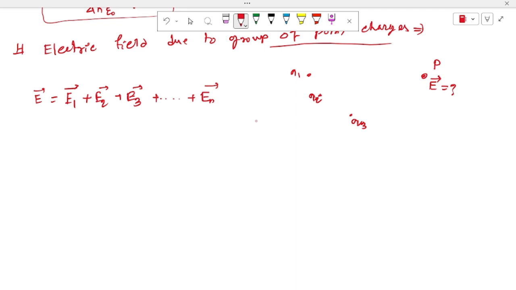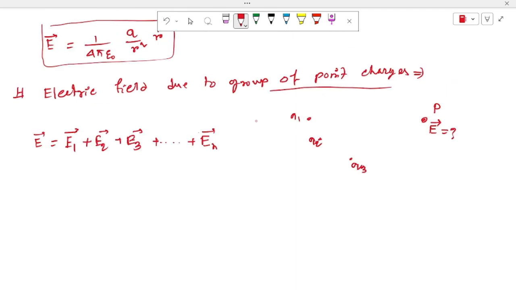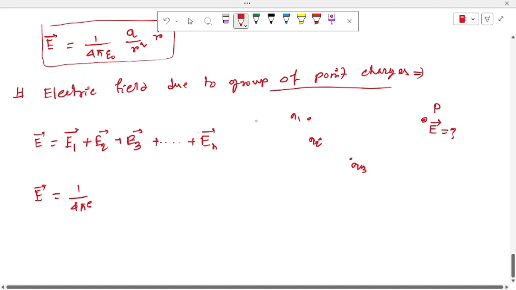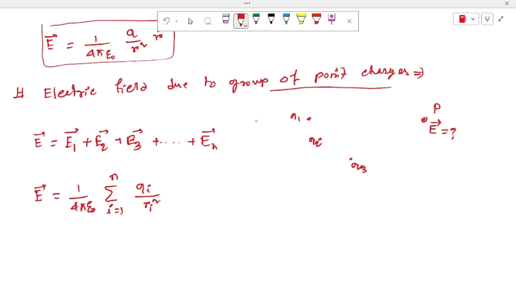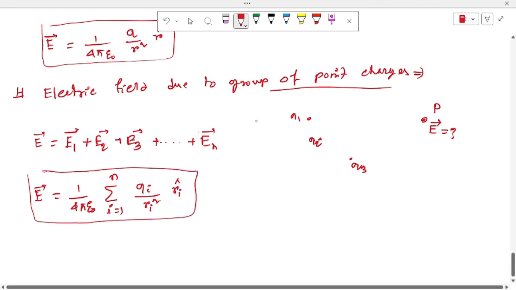So this is the summation, the addition. The expression of electric field is equal to 1 by 4 pi epsilon naught, the summation over i equal to 1 to n of Qi by Ri square into Ri cap.